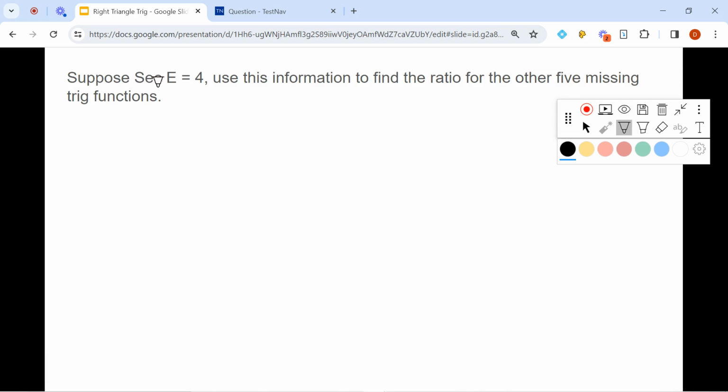And then finally, suppose I had the secant of some angle E, it's equal to 4. I want you to use the information to find the ratio for the other 5 missing trig functions. Okay, so let's draw a triangle. We have a right triangle with an angle E, and the ratio for secant is 4. Well, a ratio should be a fraction, so let's stick a 1 underneath it.